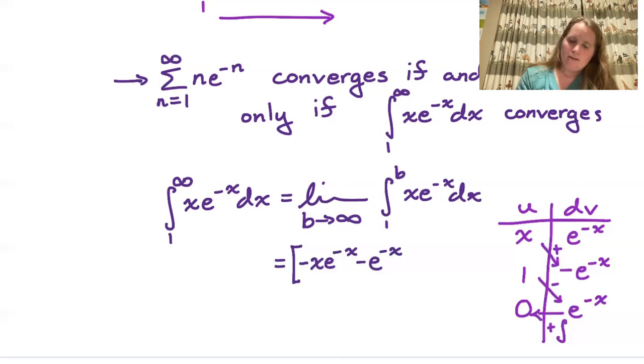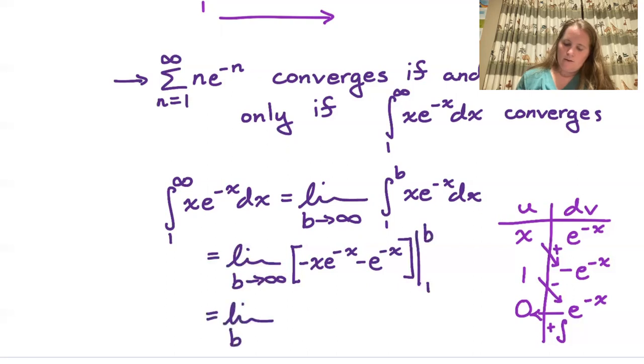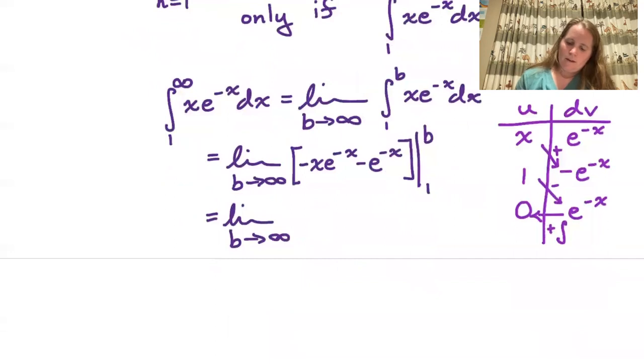Oops, I forgot my limit. So this is equal to the limit as b goes to infinity of negative x e to the negative x minus e to the negative x evaluated from 1 to b, or the limit as b goes to infinity of, we'd have a negative b e to the negative b minus e to the negative b.